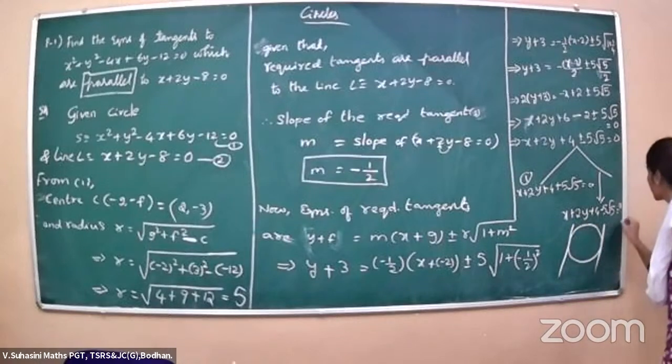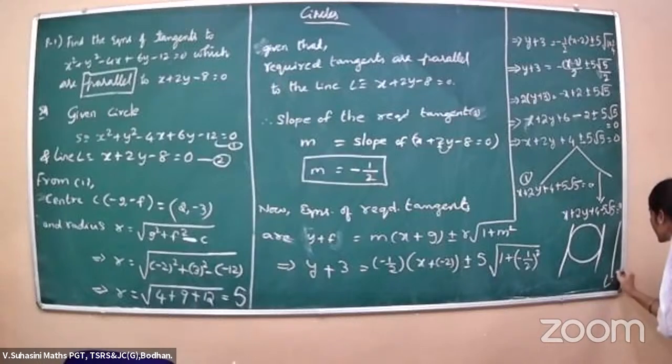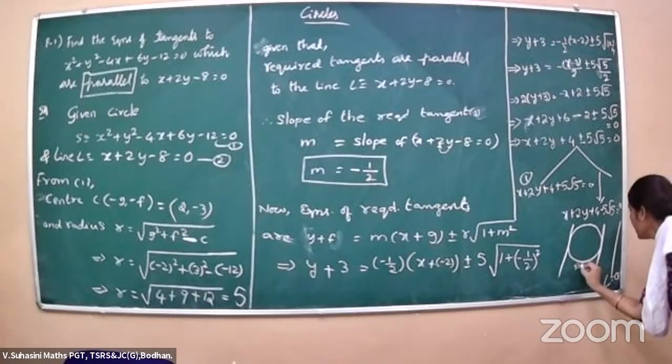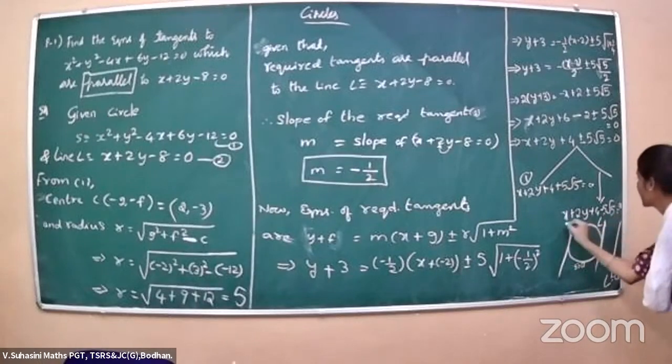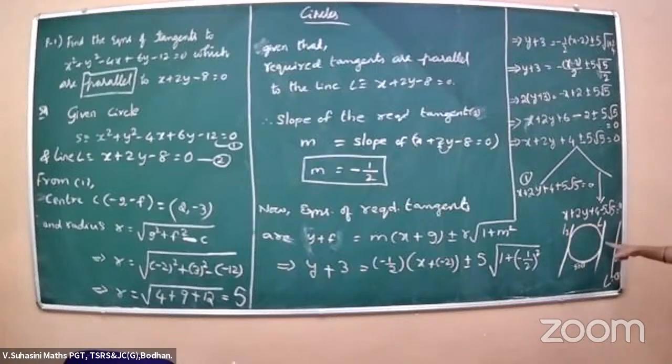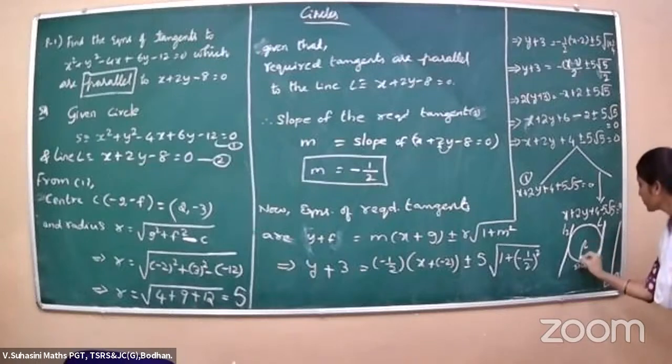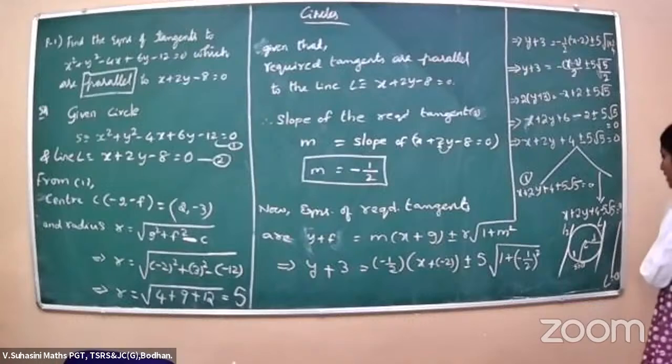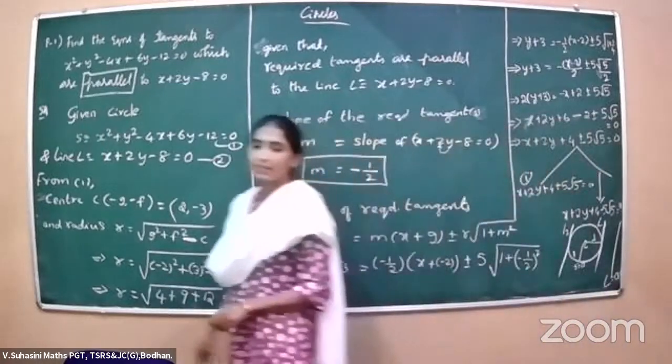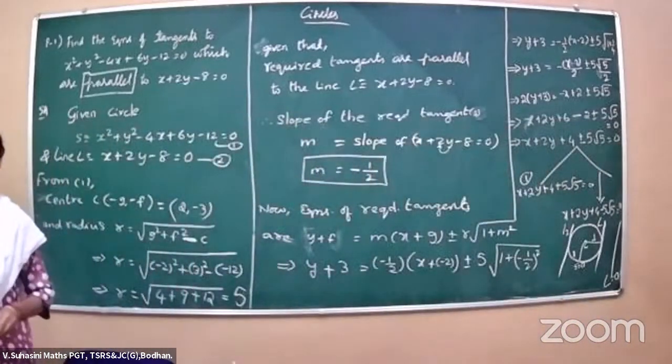Suppose we take it like this. This is the given line L = 0. This is the given circle. This is the tangent point. These are the two tangents, one corresponding to plus and the other to minus. This is C, this is R, and this is the perpendicular distance from the center to the line. R will be equal to D in this case.